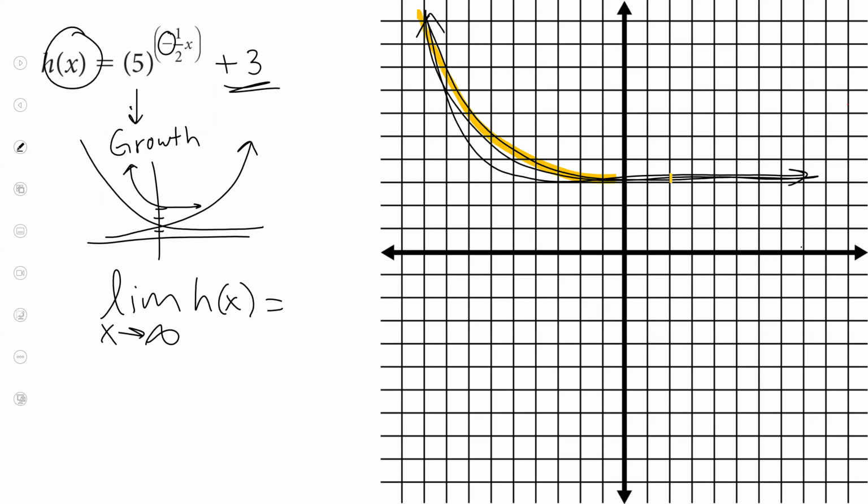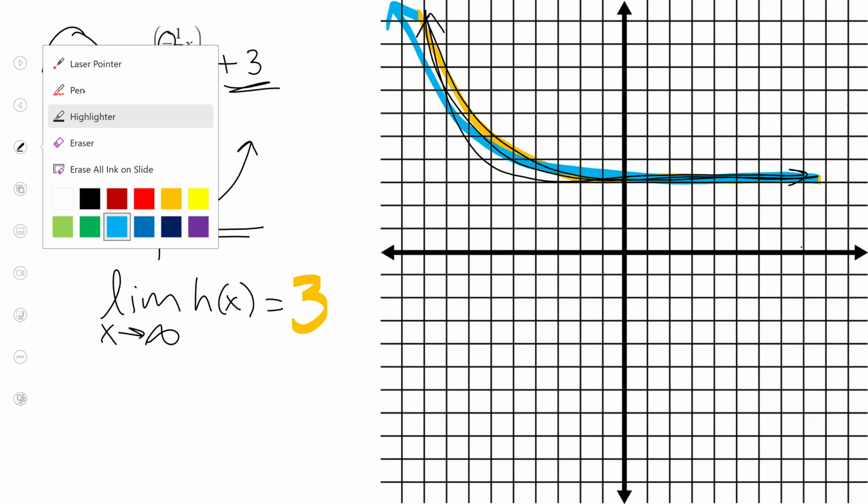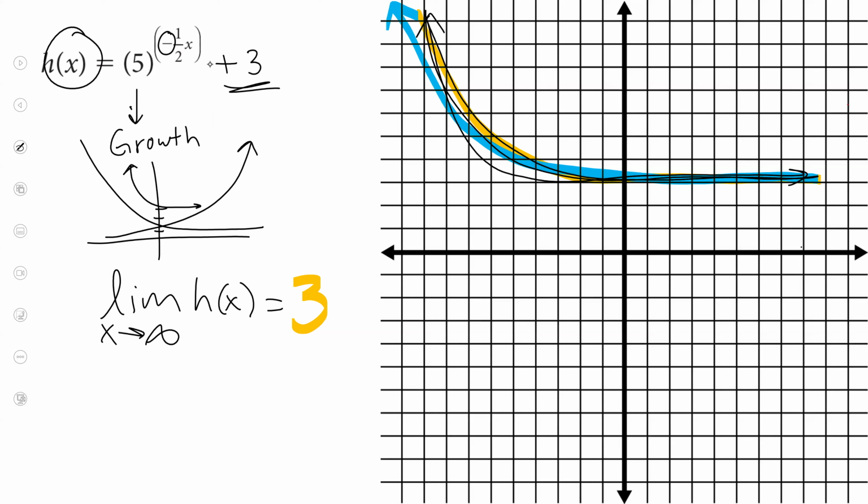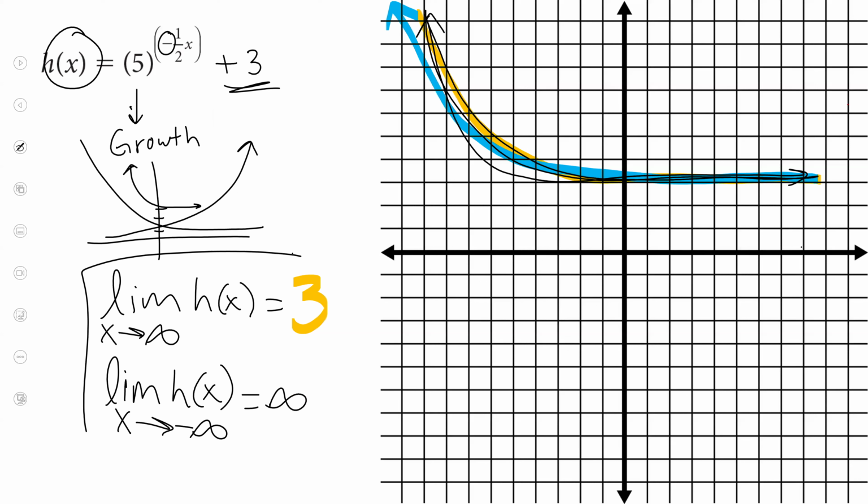What number am I getting close to? 3. I'm getting close to that asymptote. Okay, and as I move to the left, so I'm going to start over here and I'm going to move to the left. Where am I going? Infinity. So my other limit, the limit for h of x as x approaches negative infinity is infinity. So these are your limits.